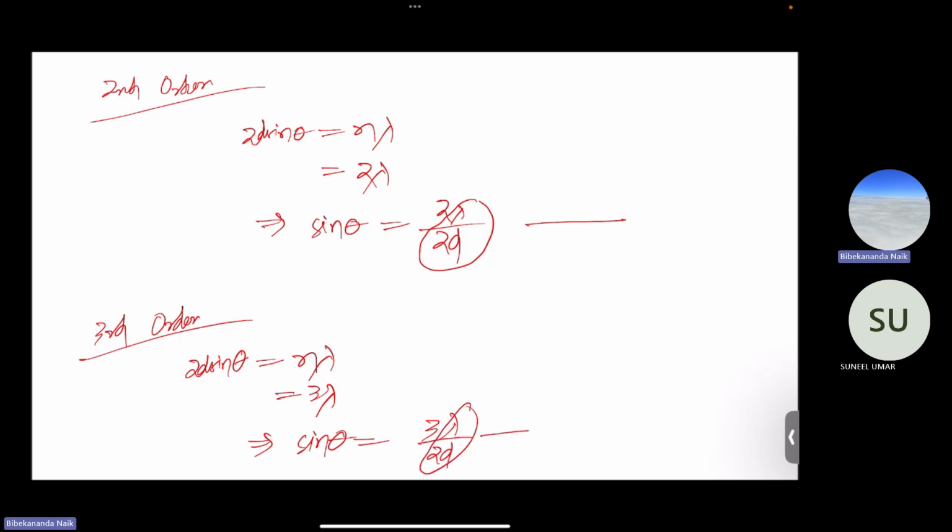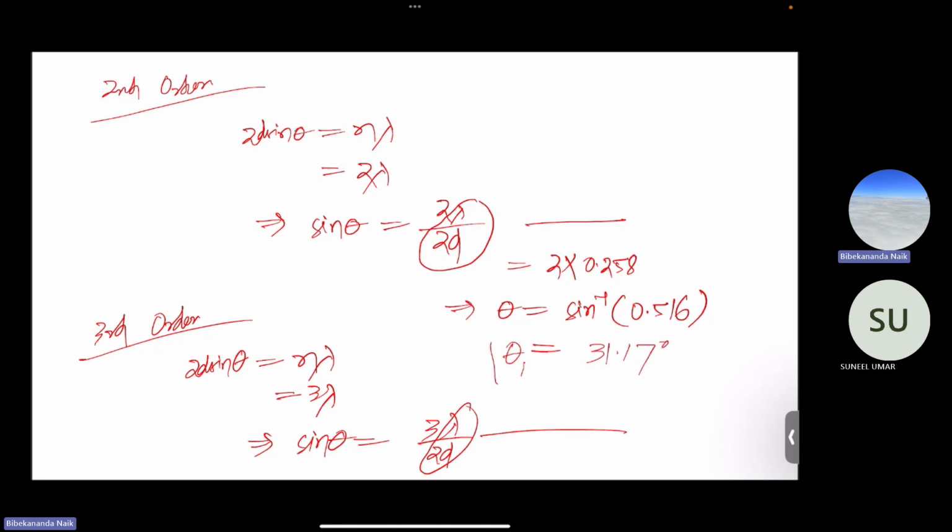So if you put the values, it will be 2 into the value of lambda by 2d you have already calculated, 0.258. That implies theta equals sine inverse of 0.516, which will give you 31.17 degrees. So this is theta 1.